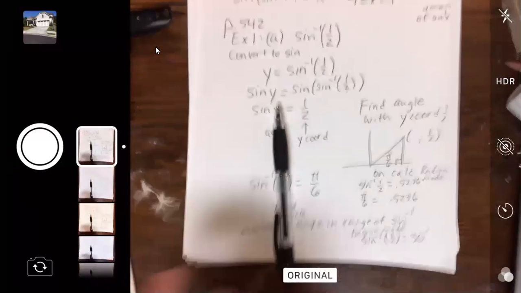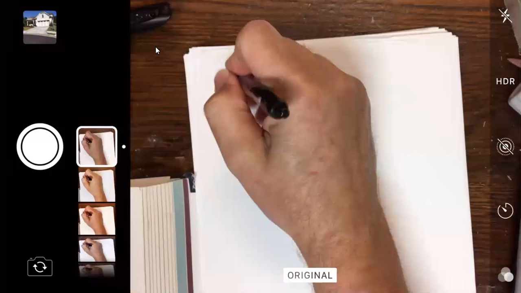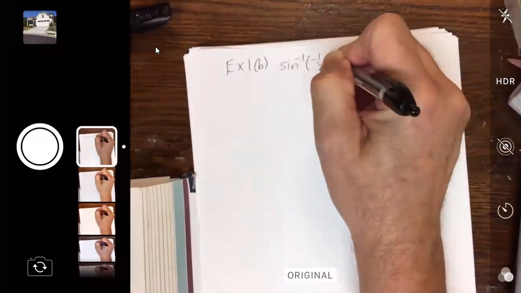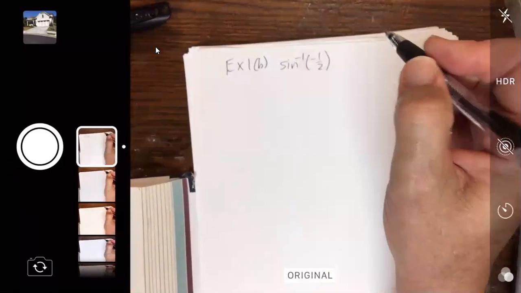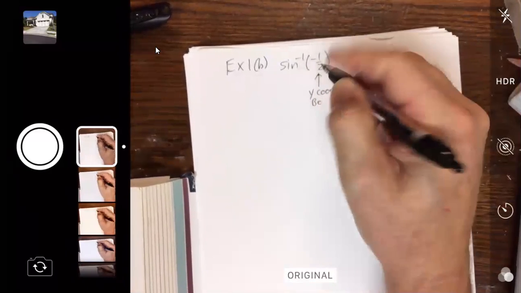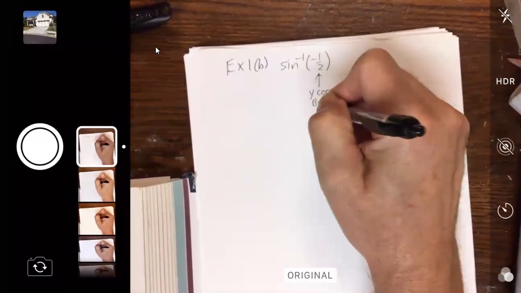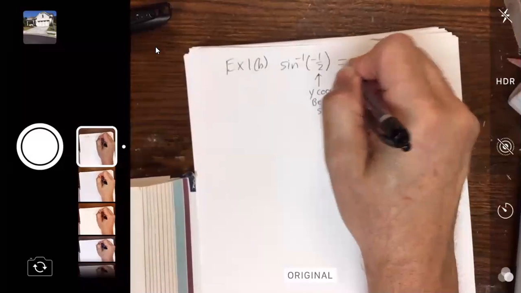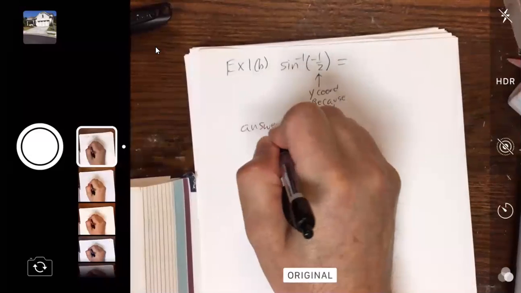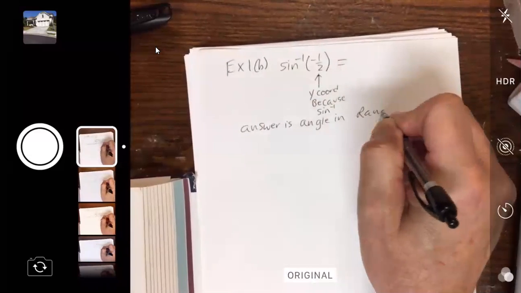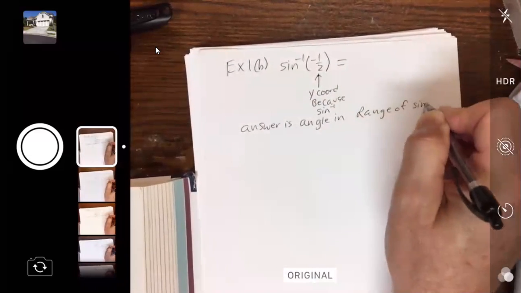All right, we try example 1b, arc sine of negative a half. Again, that is the y coordinate because it's a sine, or arc sine, and your answer is the angle in the range of arc sine.